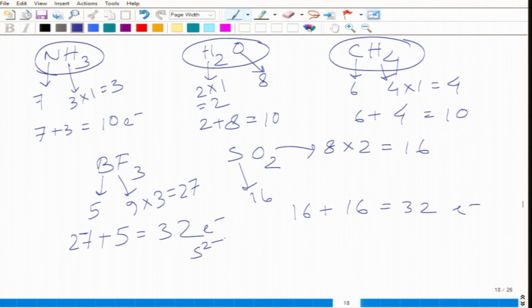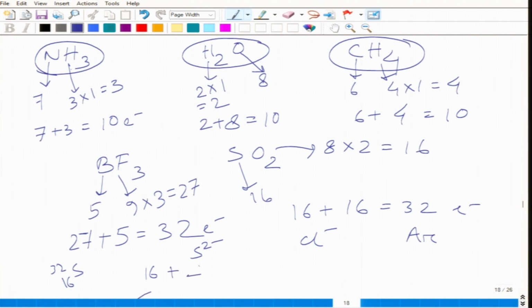Same with S2 minus, Cl minus, that is the sulfide ion, the chloride ion, and argon. So sulfur had 16 electrons initially, right? Now 2 minus means it has accepted 2 more electrons.